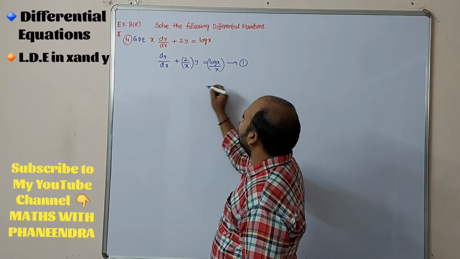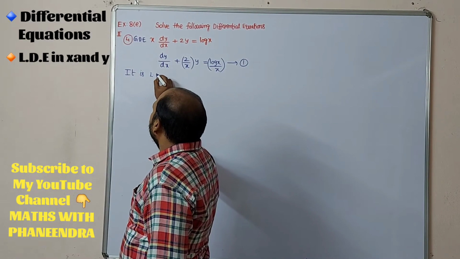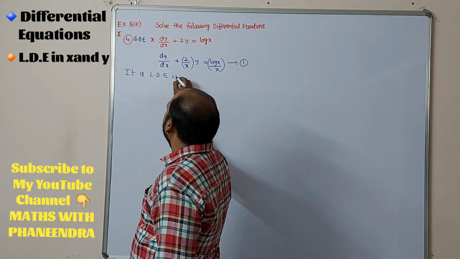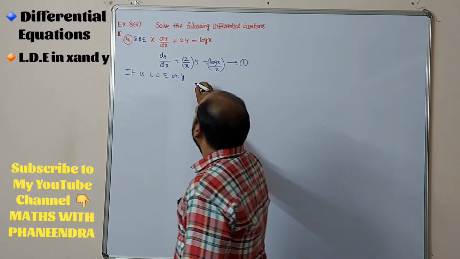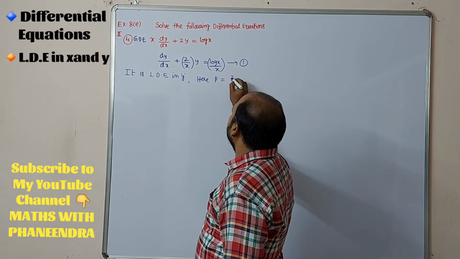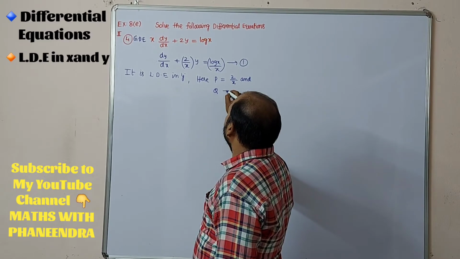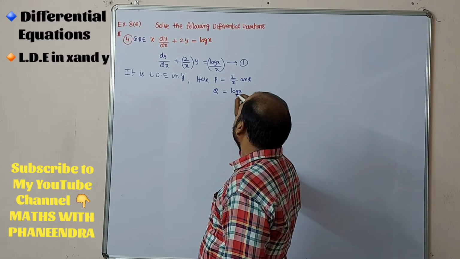It is a linear differential equation in y. And here p is equal to 2 by x and q equal to log x by x square.